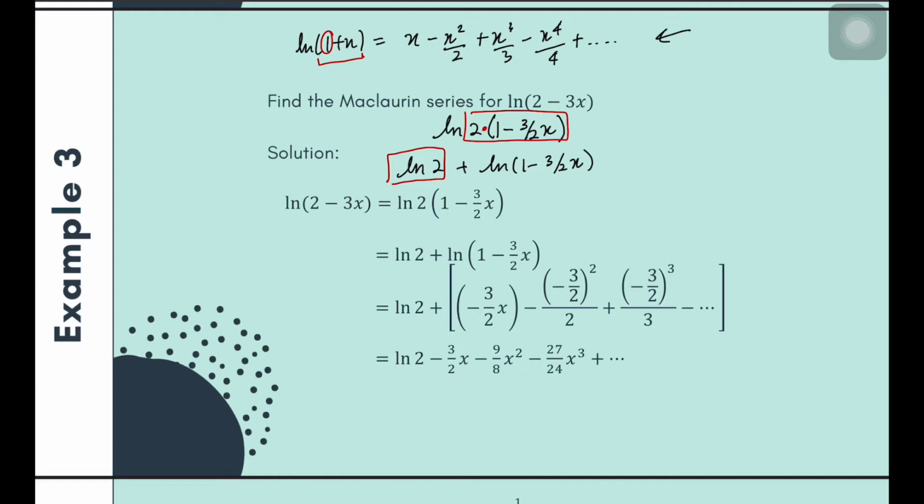But you need to find the expansion of ln(1 − 3/2 x). What you have is ln(1 + x), and we have 1 − 3/2 x. Comparing the two, you can see that x is actually −3/2 x.